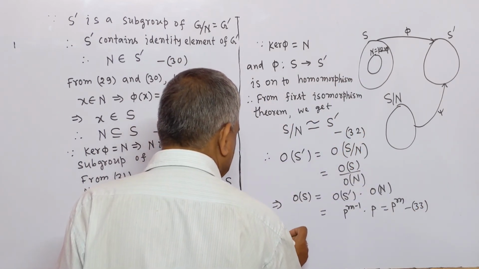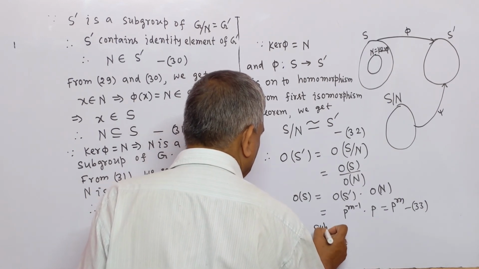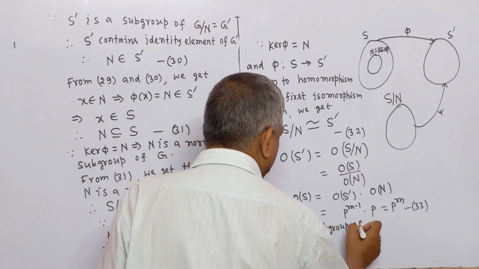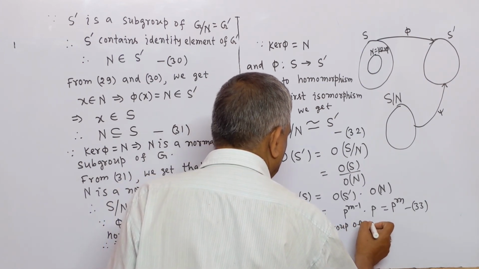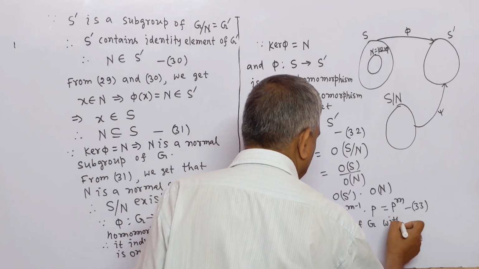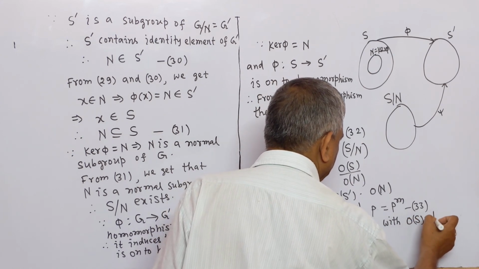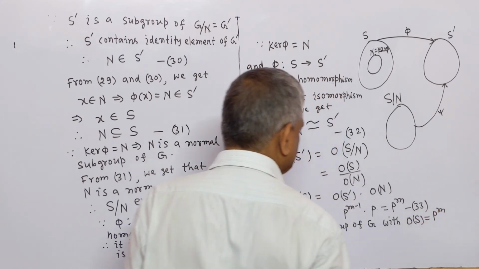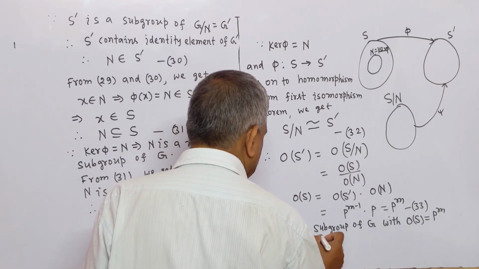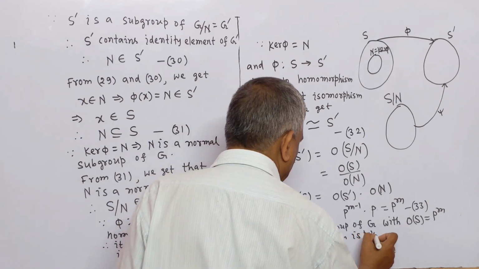Therefore, S is a subgroup of G with order of S equal to P to the power M. Therefore, theorem is true.